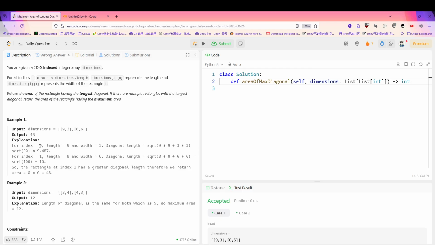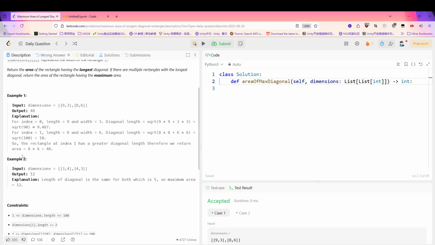For index 0, the 9 and 3 diagonal length equals the square root of 9 times 9 plus 3 times 3, which is square root 90. And for this one, the result is square root 100, which is 10. Since 10 is bigger than this one, we're going to return this rectangle's area, which is 8 times 6, 48. This is pretty easy, right?